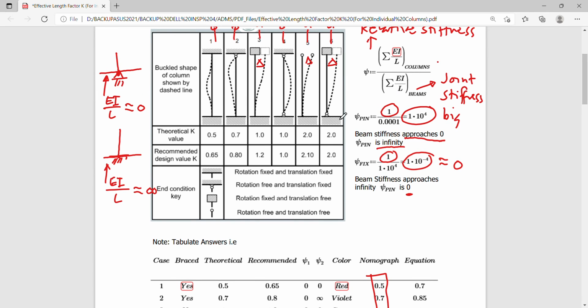Okay, so this has a pinned condition at the top and the pinned condition at the bottom.